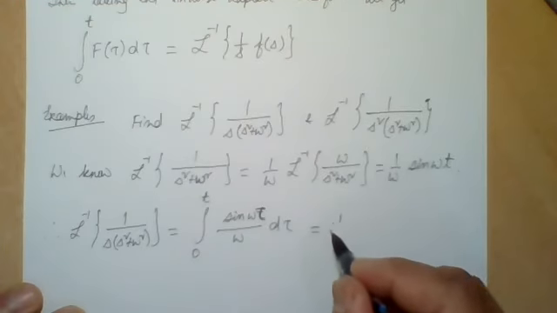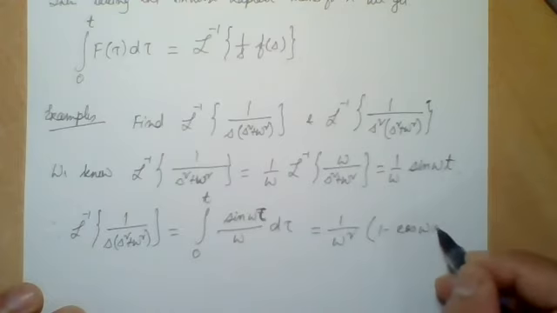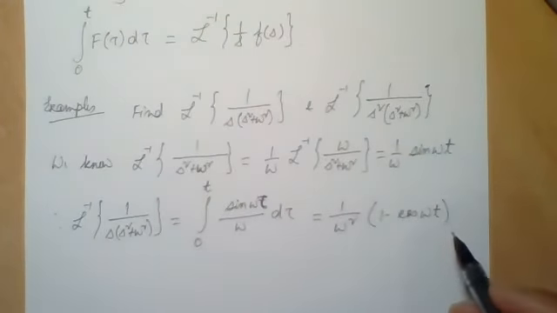So this is nothing but 1 by omega squared times (1 minus cos omega t), and putting the limit 0 to t, you get 1 minus cos omega t.